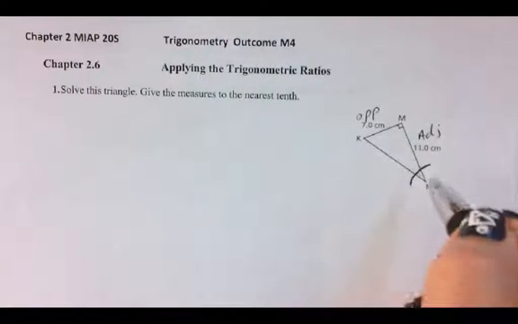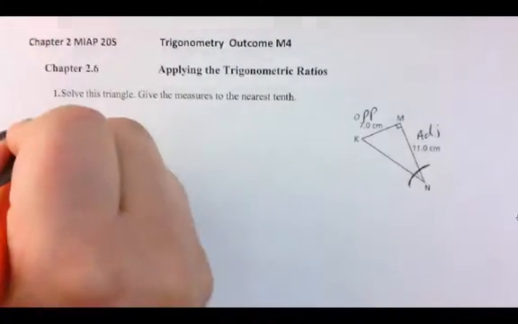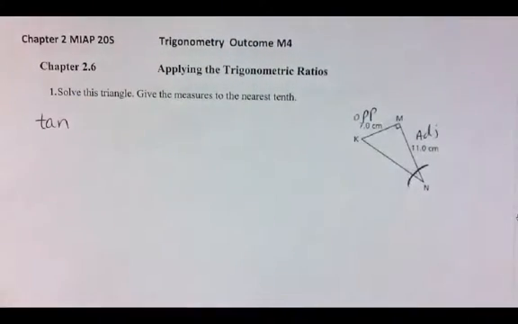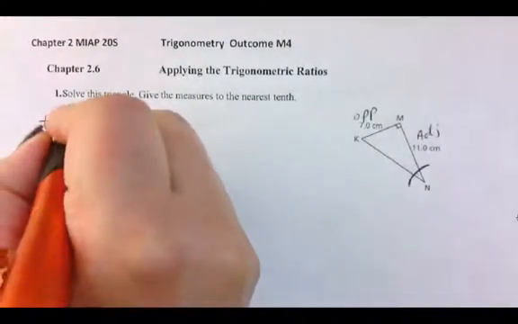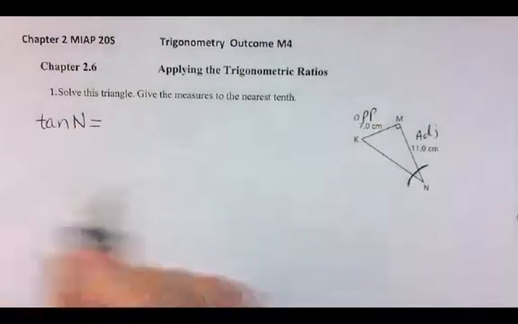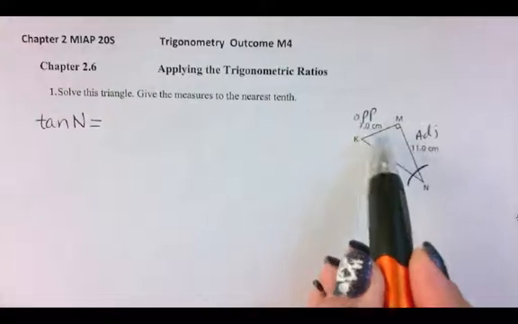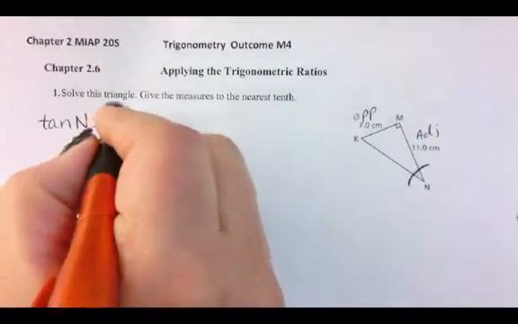Okay, and so which trig ratio are we going to use? Tan theta. Actually, instead of using theta, why don't I use N? Because it's directly related to angle N that we're finding. So let's say tan N is equal to opposite over adjacent, which is 7 over 11.